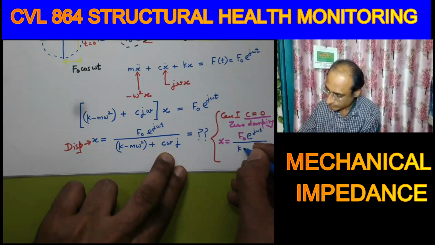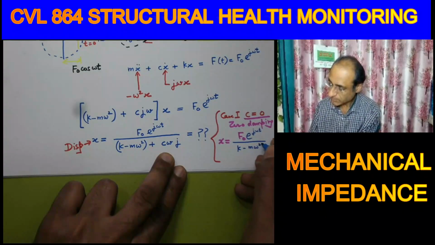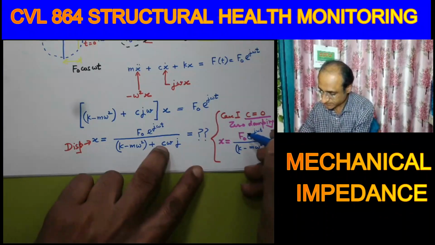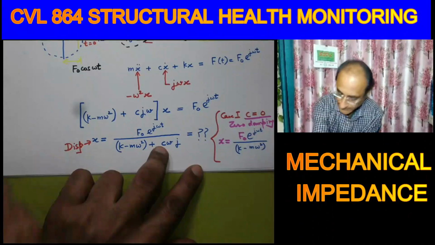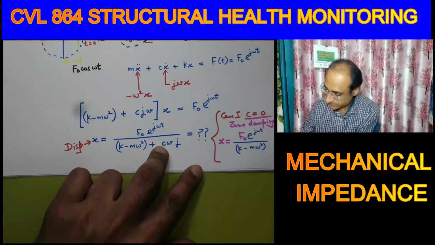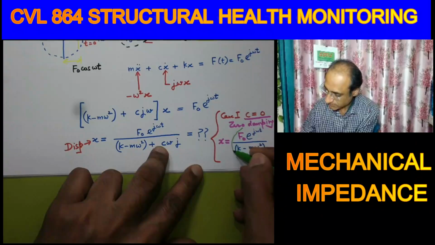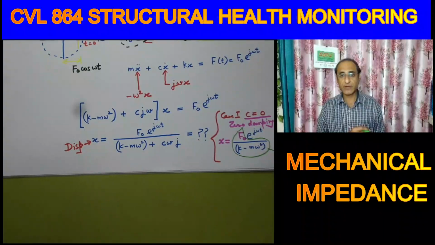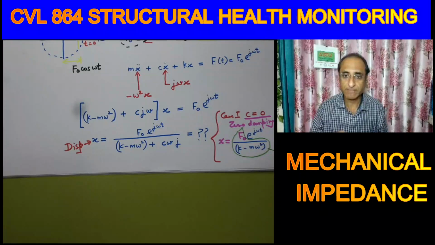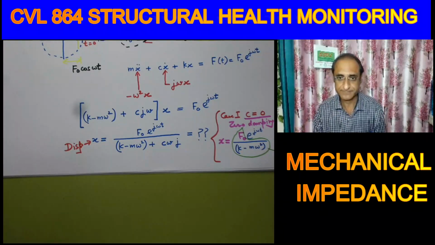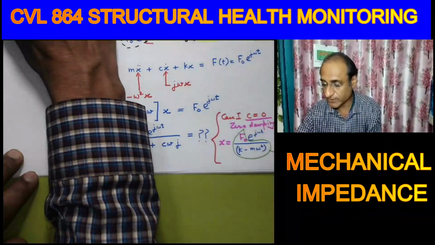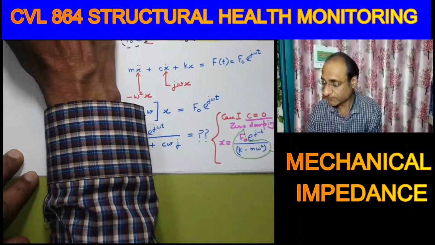This will be the amplitude of the displacement, your displacement amplitude x0. But what we find in this particular case 1 is that there is no phase difference between the force and the displacement, right? You all agree? There won't be any phase difference between force and displacement if damping is 0.